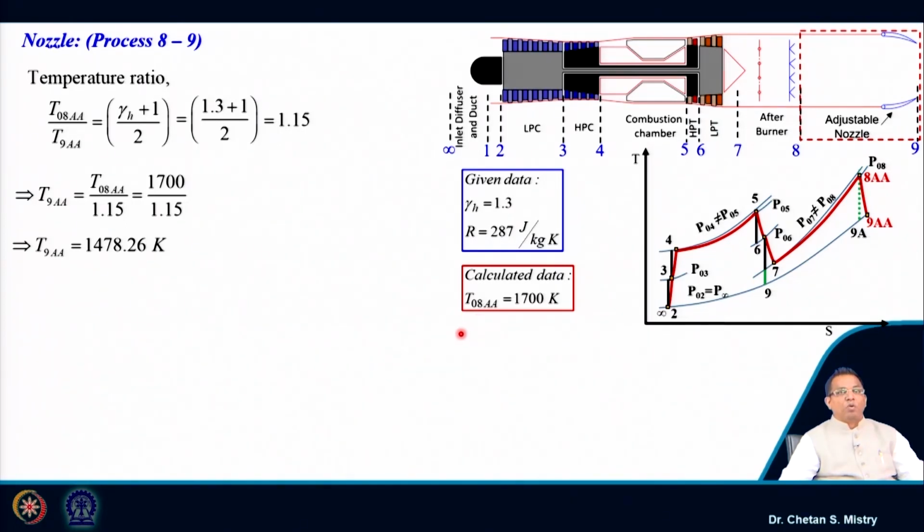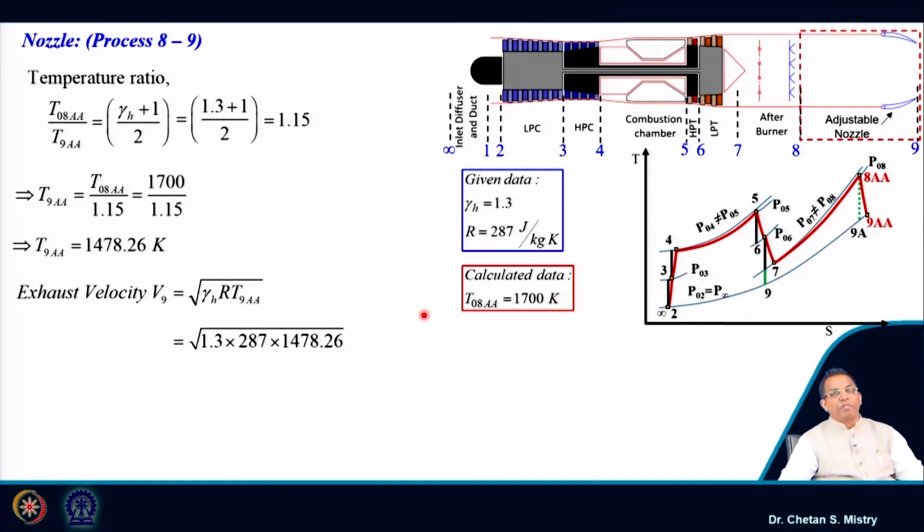Now, this is the exit static temperature which is coming out from the nozzle. Once we have this information, we can calculate our exit velocity, which we write as the square root of gamma R T9 AA. Putting this in the formulation, my exit velocity is coming as 742.66 meter per second.